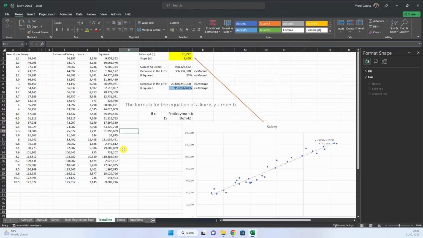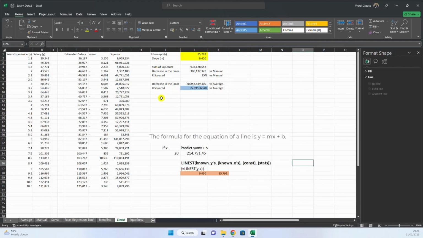Okay, the fifth way of doing linear regression is with the LINEST formula. So LINEST is an array function. It will create a row where it gives us the slope and the intercept. So what we have to do is to select, for example, we want to show only the slope and intercept.